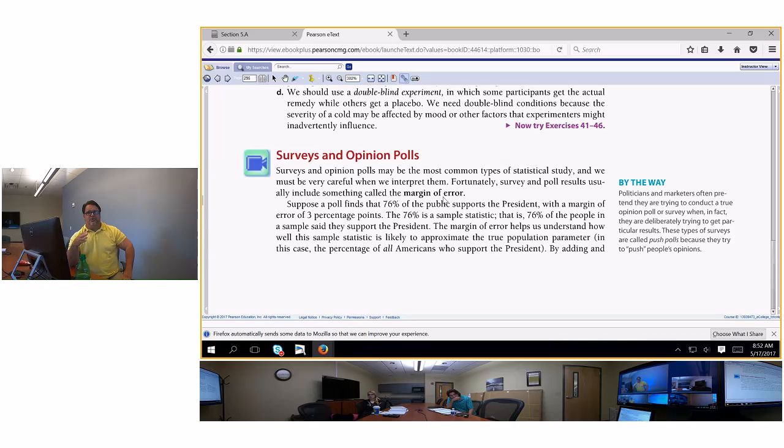That's what a margin of error is. So if you did 76% with a margin of error of 3%, then that means it's going to be 73% to 79%.